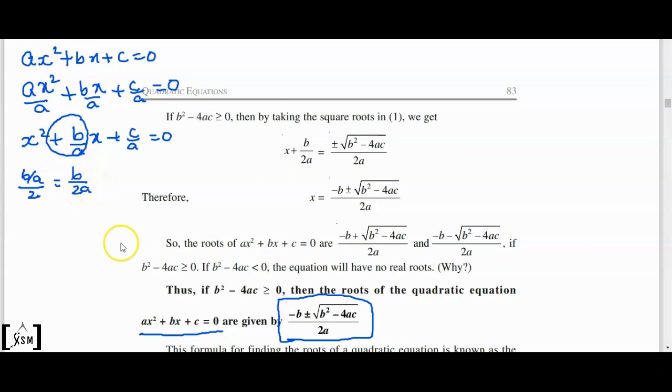Okay. And then again you remember, now we will use the completing square method. Because this is a positive number, so plus b over 2a whole square, and then we always subtract the square of this number. So minus b over 2a whole square. And at the end we used to write down the constant part. So plus c over a equal to 0, right?